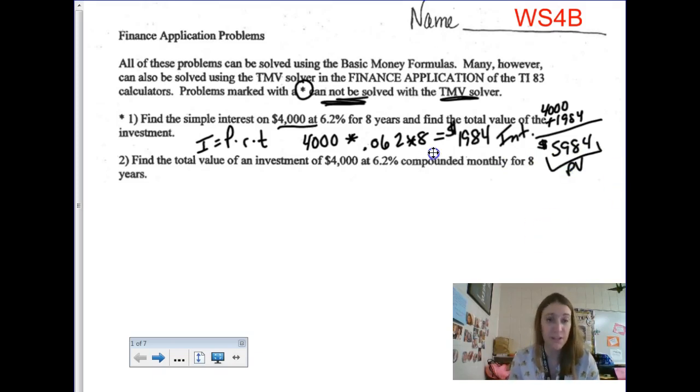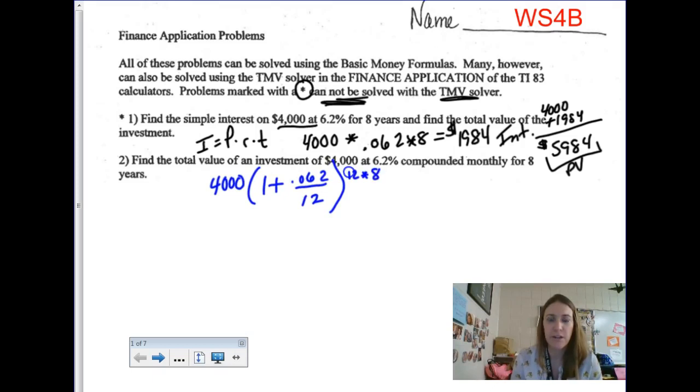All right, number 2 doesn't have a star next to it, so if you would like, you can go ahead and use that TVM Solver. But when I did this question, because it felt very Algebra 2-y to me, I just solved it the good old-fashioned compounding interest formula way. So 1 plus 0.062 compounded monthly, and then this is 12 times 8 right here. If you wanted to use your solver, you're more than welcome to.